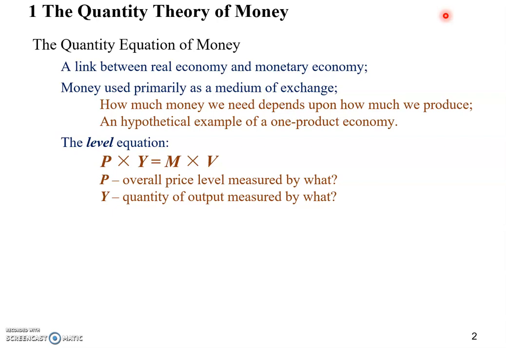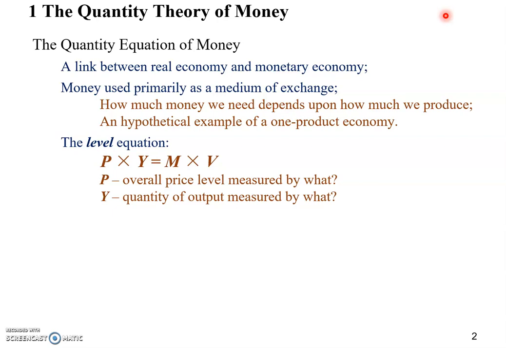Again, you can pause the video and think about what indicator we can use to capture Y. In practice, we use the real GDP to measure Y. Okay. Now, real GDP is not really the quantity of output because we still use the price, right?